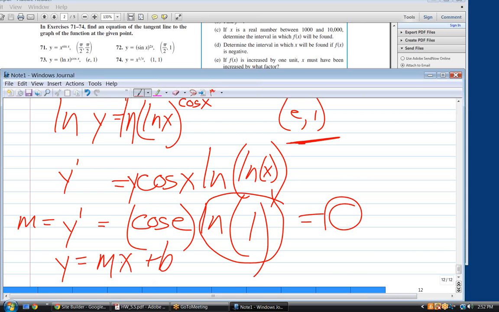We're going to plug in e for x, which doesn't matter, 1 for y, that's 0, so b equals 1. So the equation is y equals 1. That's a horizontal line. Find the equation of the tangent line to the graph of the function at the given point.